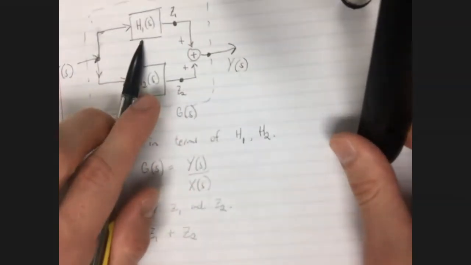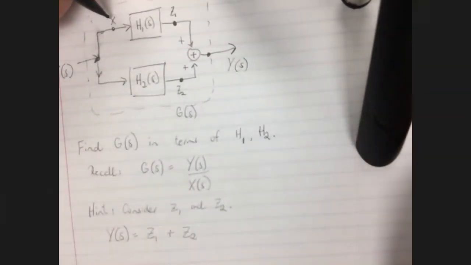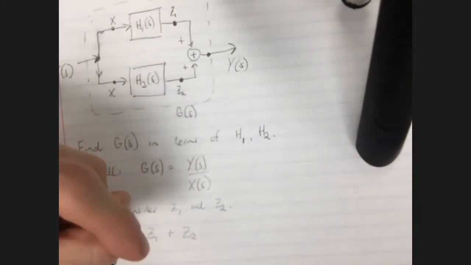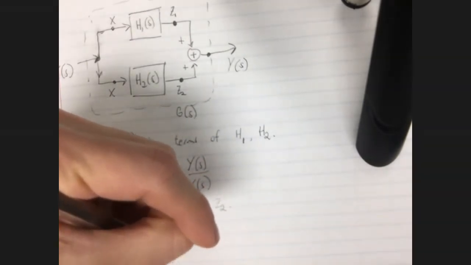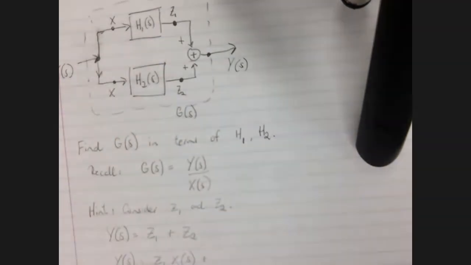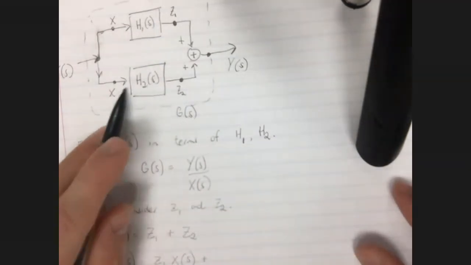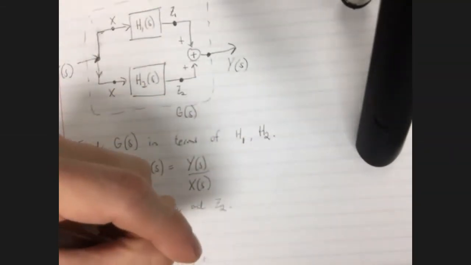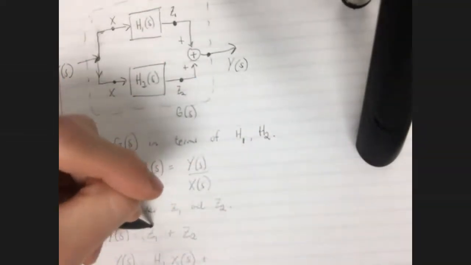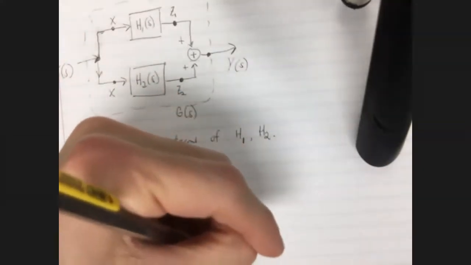But in turn, my Z1 is going to be H1 times X. Notice the X is here and the X is right there. So Y of S is going to be equal to Z1 plus Z2, where Z1 is H1 times X of S, and similarly Z2 is going to be H2 times X.